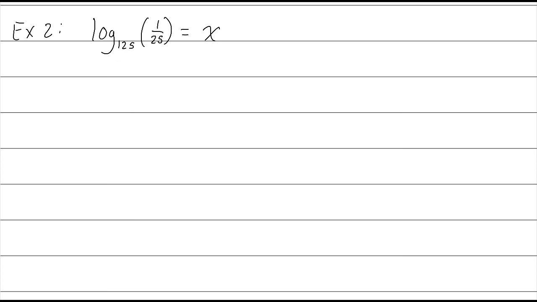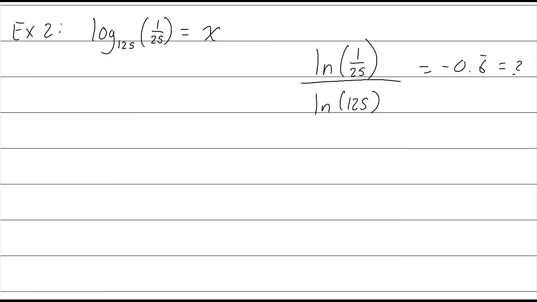I can use the change of base formula, which is the natural log of the interior divided by the natural log of the base. If I type that in, I get a decimal, -0.6 repeating, which you may know is -2/3, the answer I'm looking for here.